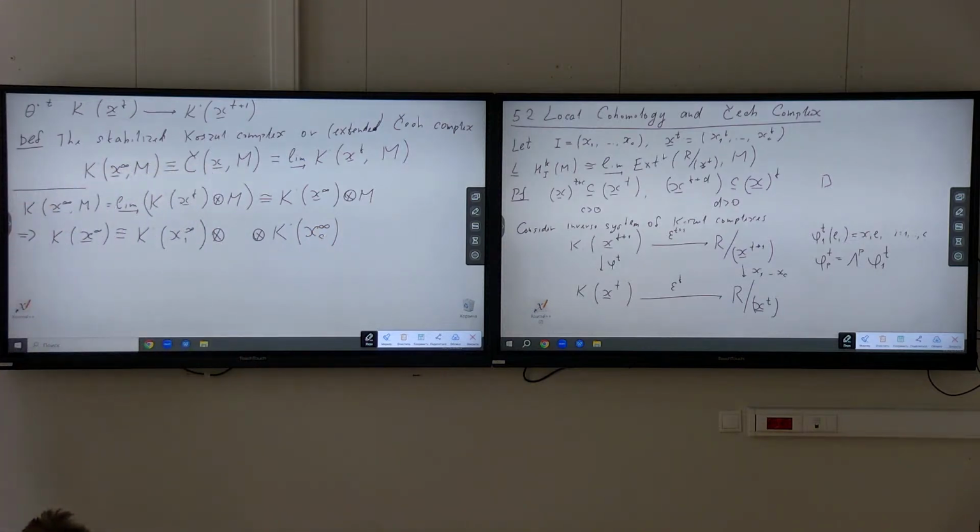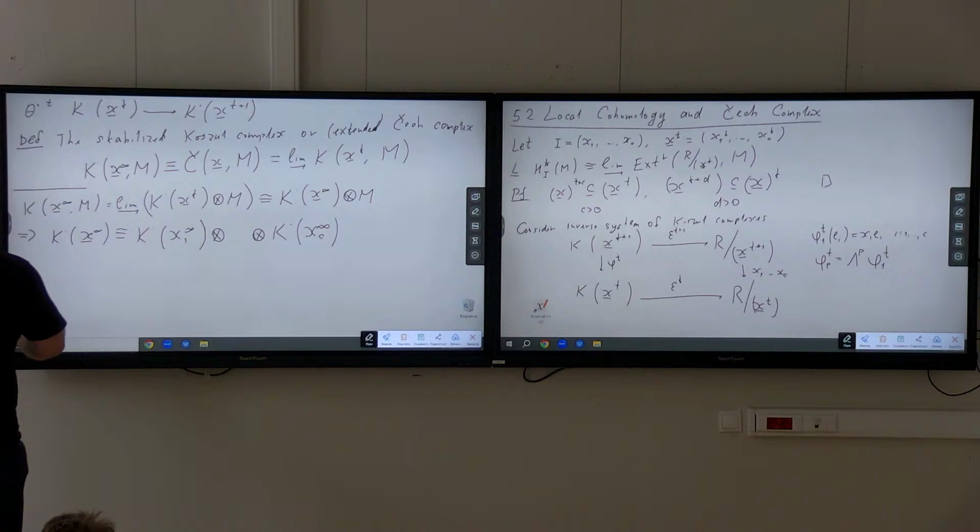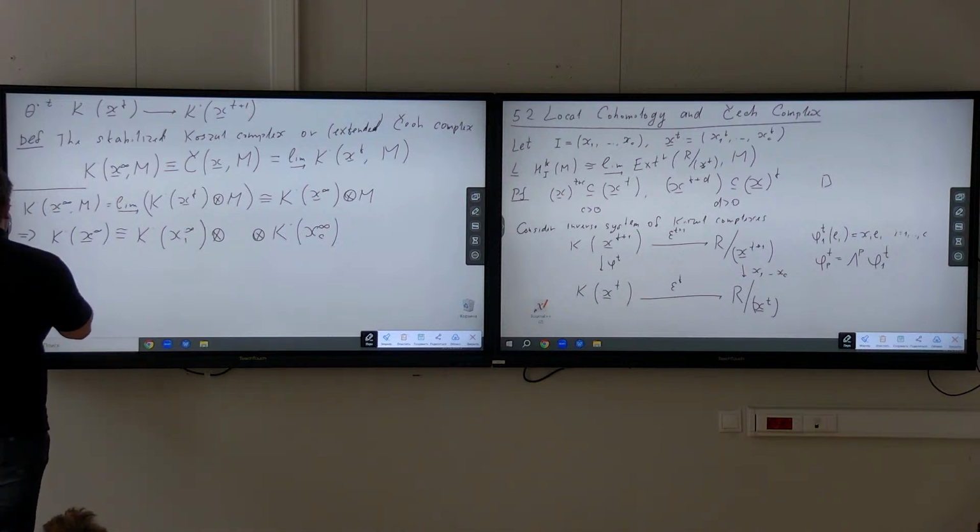Right. So we use the same logic as for the unstable version of the Koszul complexes. We can do this for the stable one too. Okay, now the lemma.